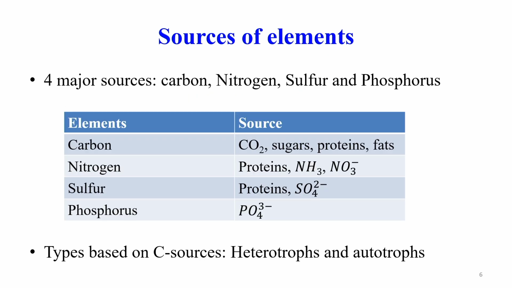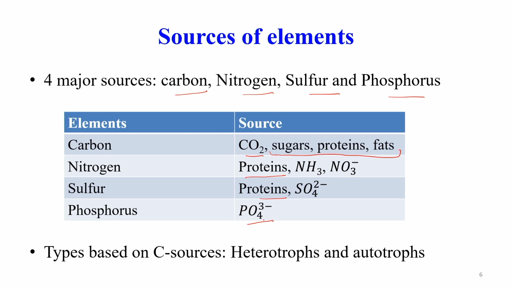Now, as we know, these are the four major sources: carbon, nitrogen, sulfur and phosphorus. For carbon, one can take carbon dioxide or other compounds, starting from sugar, proteins and fat. There will also be a nitrogen source, sulfur source and phosphorus source.